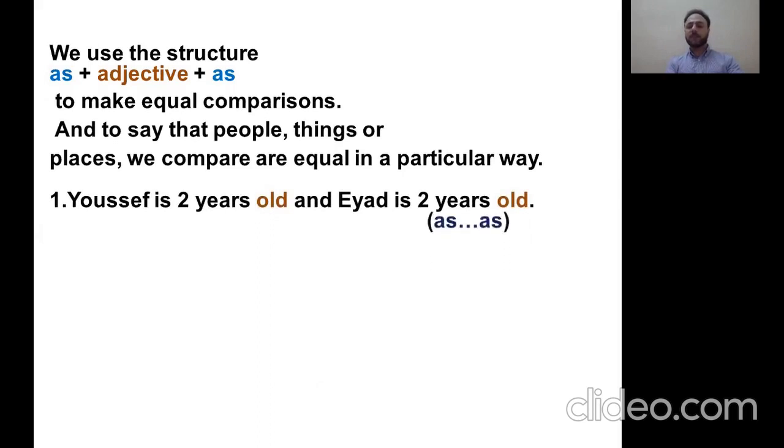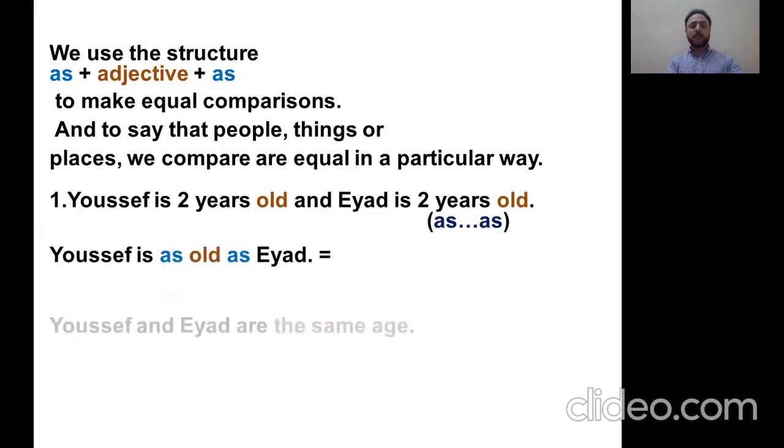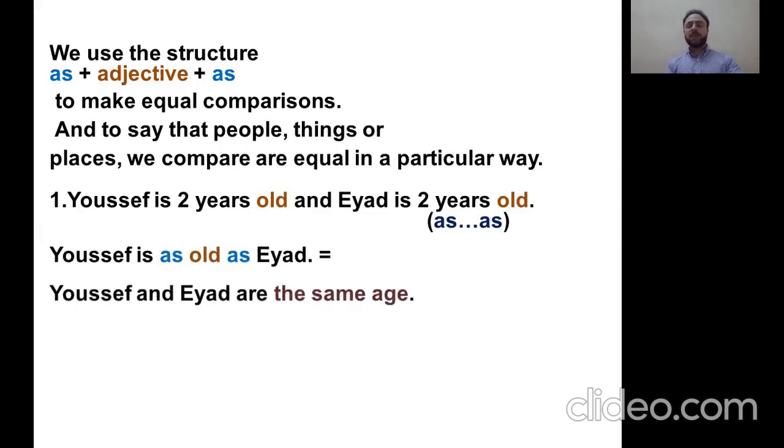Use the structure as...as to show equal comparisons. So the answer for number one will be: Yusuf is as old as Iyad, which is the same as: Yusuf and Iyad are the same age. Remember that age is the noun and old is the adjective.